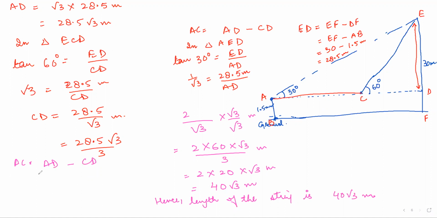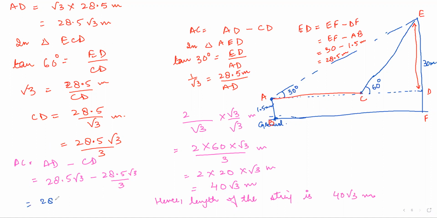So now be careful with your calculations. AD, how much have I found? 28.5 root 3 minus 28.5 root 3 divided by 3. Clear? So you can solve it like this.